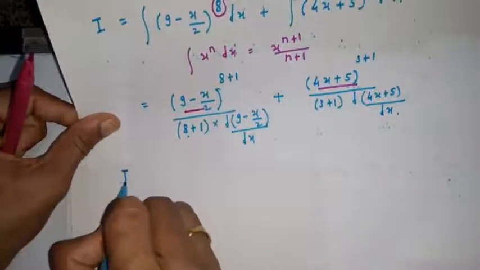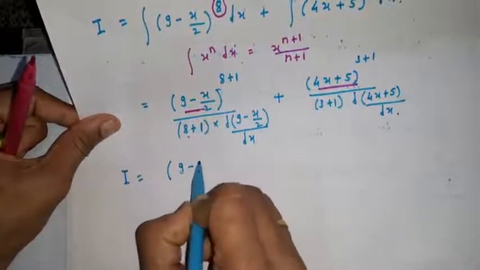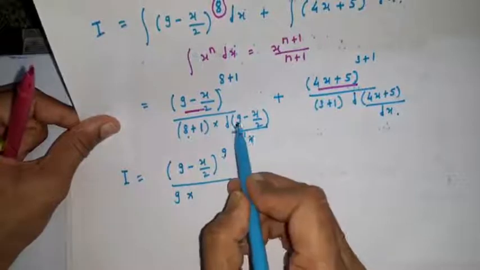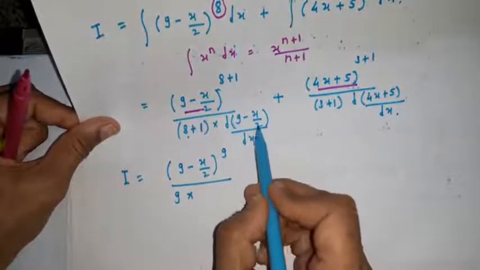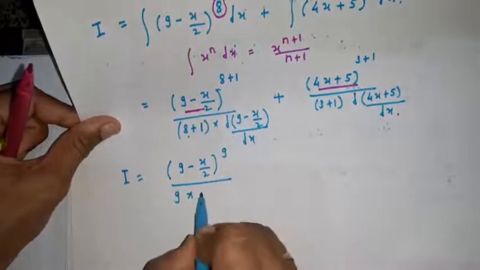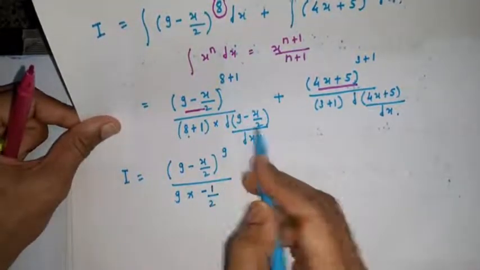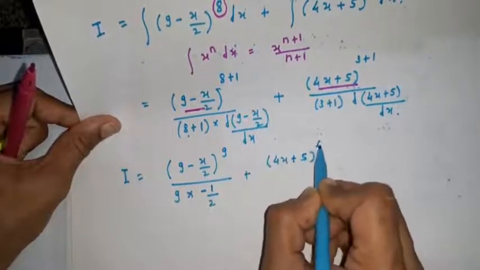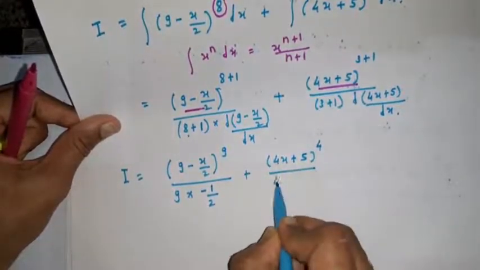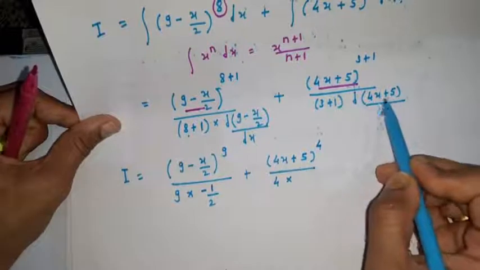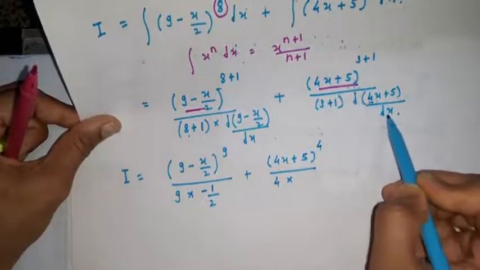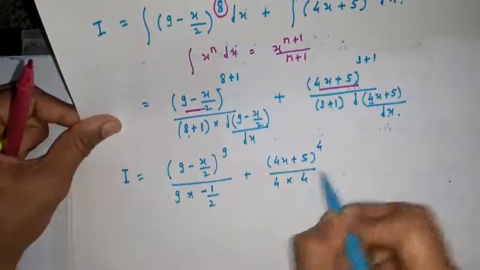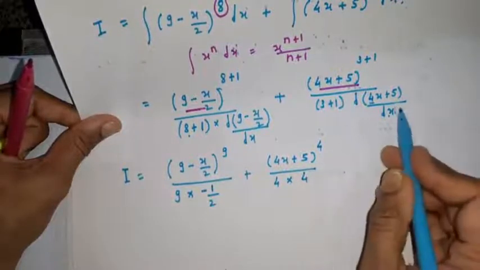hence the integration equal to 9 minus x by 2 raised to 9 upon 9 into the differentiation of 9 with respect to x is 0 minus differentiation of x by 2 is minus 1 by 2, minus 1 by 2 plus 4x plus 5 raised to 4 upon 3 plus 1 is 4 into integration of 4x plus 5, that is 4 is a constant, differentiation of x with respect to x is 1, that's why that is equal to 4, and plus differentiation of 5 is 0.